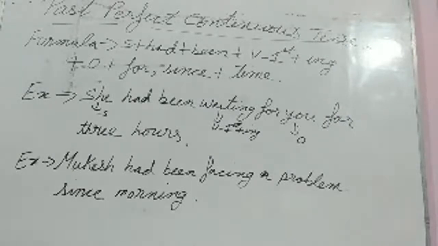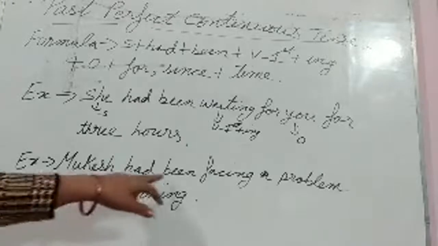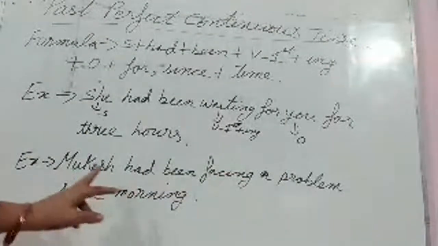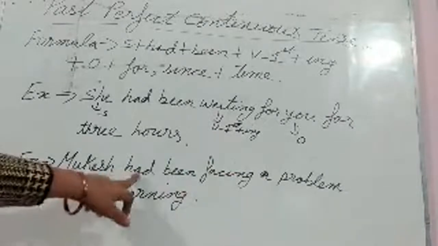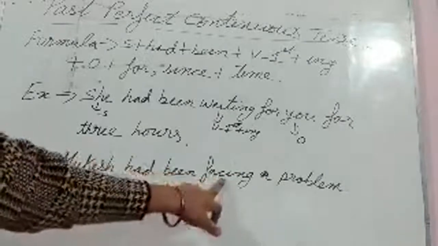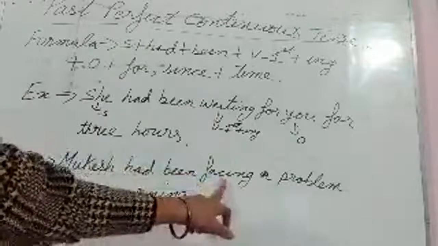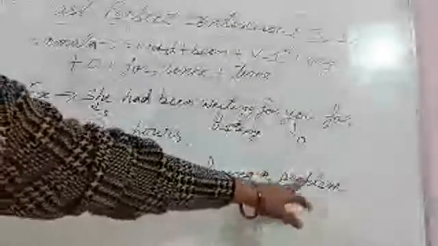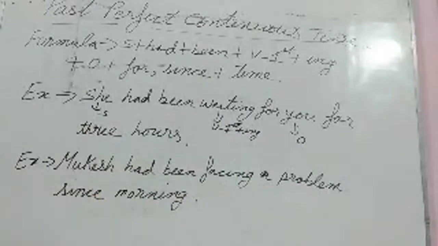The next sentence is Mukesh had been facing a problem since morning. So here Mukesh is the subject, had been facing is the verb of the first form plus ing, a problem. Problem here is the object and since morning is the time. So here are the two examples related to past perfect continuous tense.